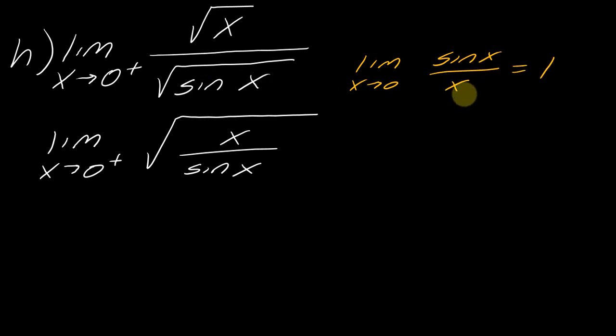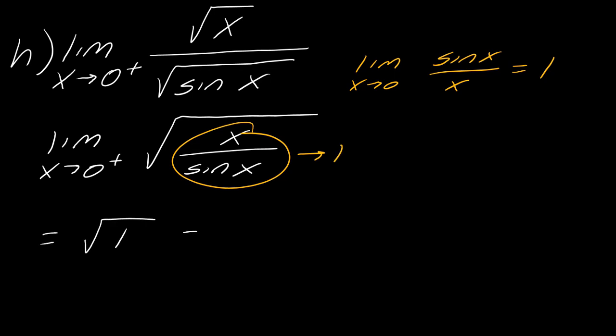Well, this actually works in both directions. You can also have this as x over sine of x. So either way, it still works. So this whole thing, I have to really just rely on this little fact here. So I know this is going to 1. So this whole limit then is going to equal the square root of 1, which equals 1. So I didn't even really need L'Hopital's rule if I just knew this favorite limit of ours.